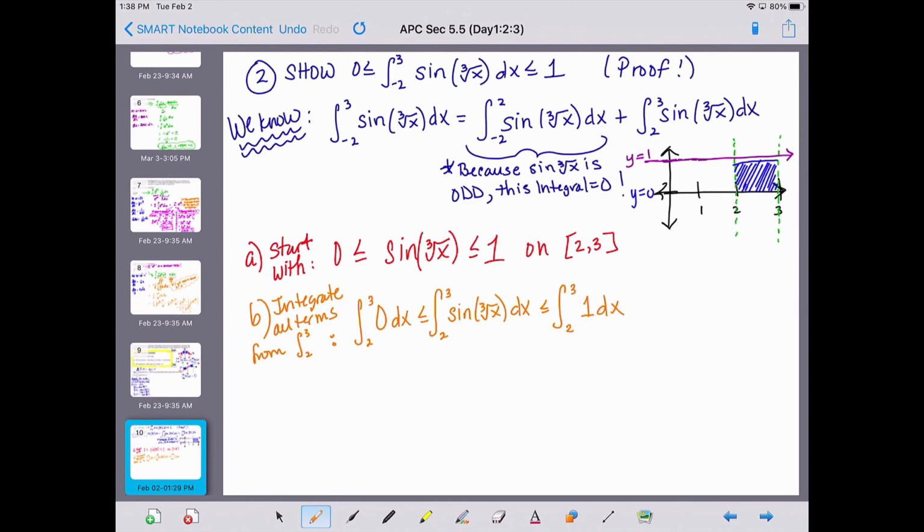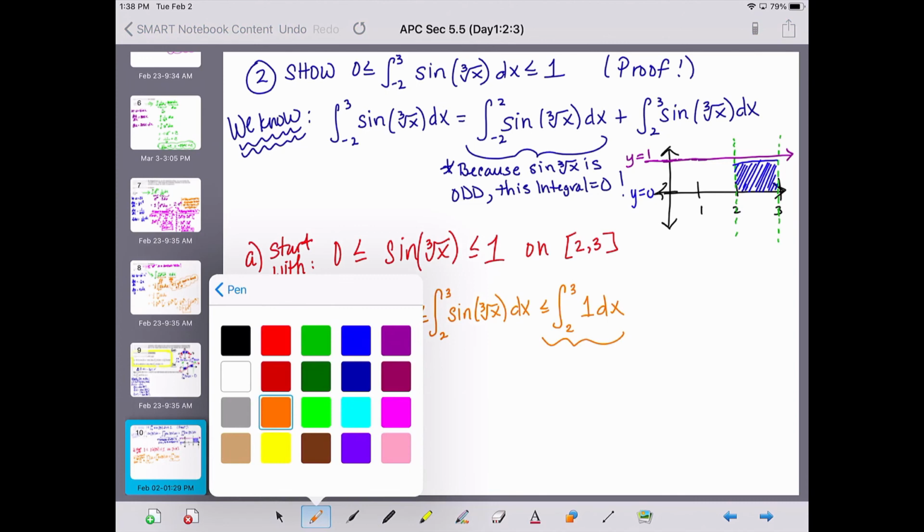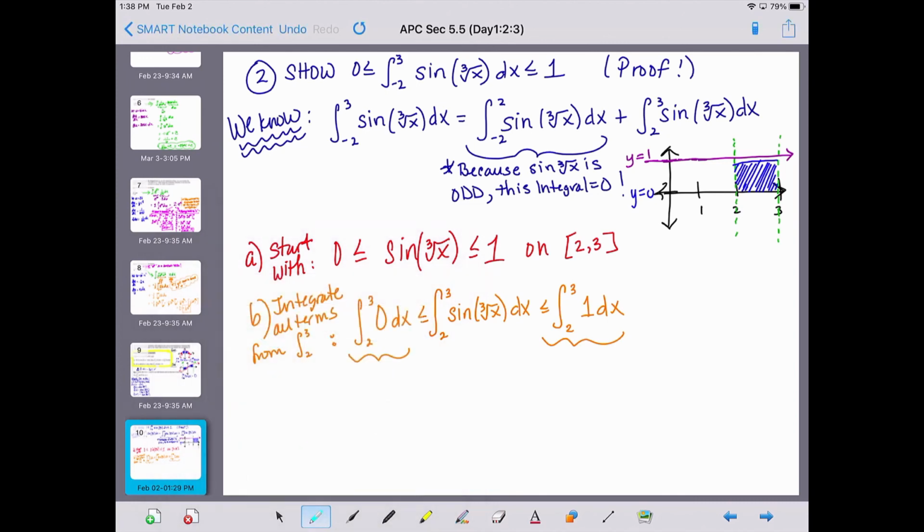Okay, now my next step is going to be to simplify this, because this part of my integral is just going to be 0, and this part of my integral is just going to be 1. So when I simplify it, I don't think you're going to see yellow, so I'll do this kind of turquoise color here.